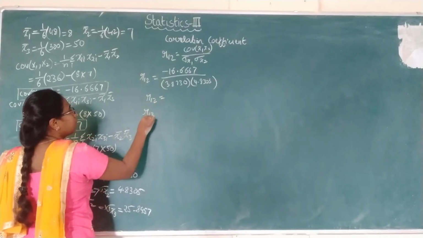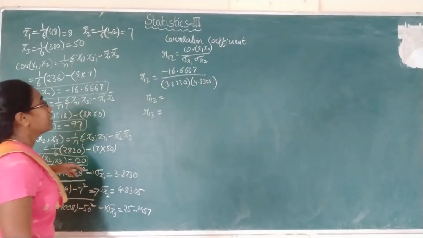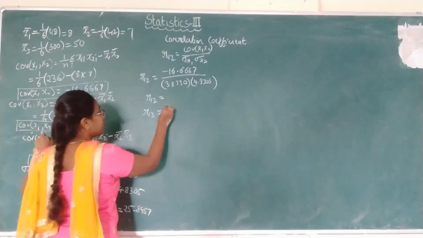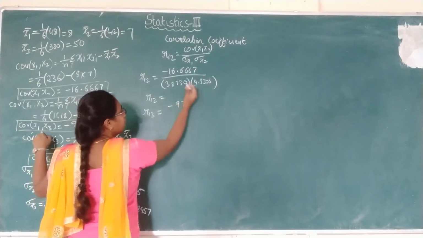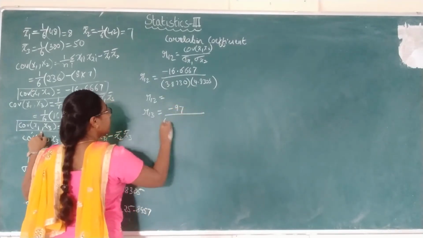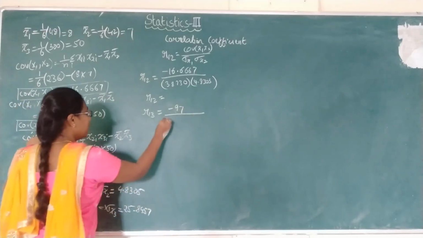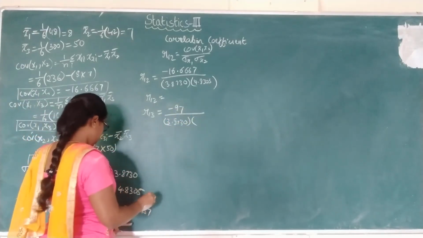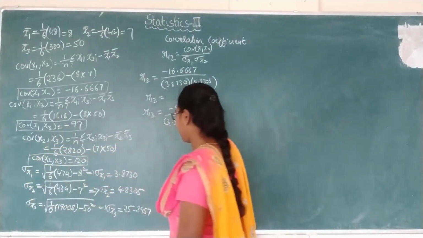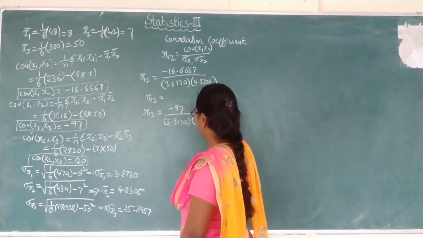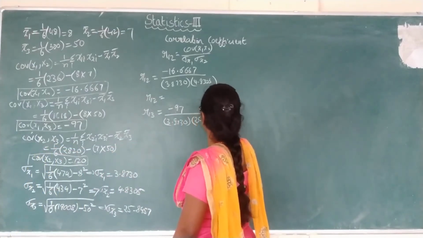Similarly, R13 equals covariance of x1 and x3. The covariance of x1, x3 is minus 97, divided by sigma x1, which is 3.8730, into sigma x3 value, which is 25.8457.